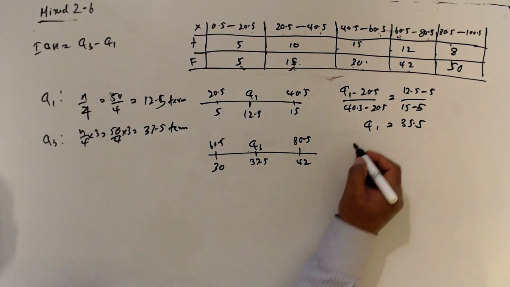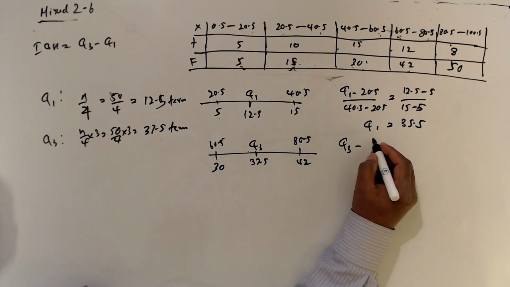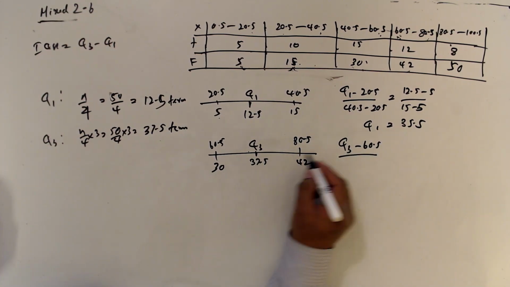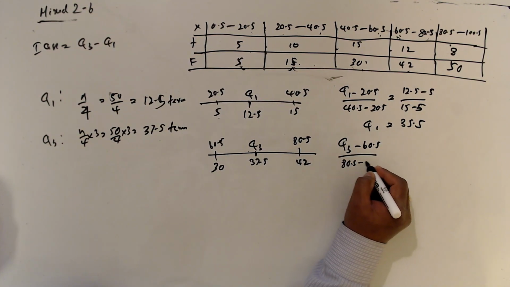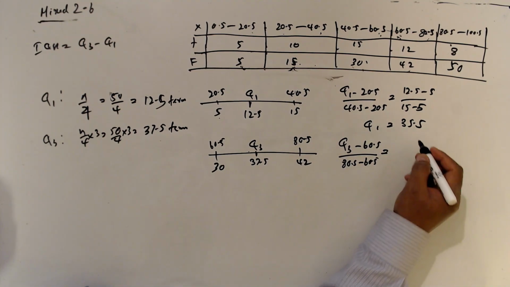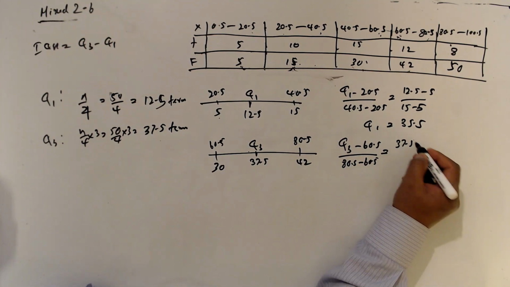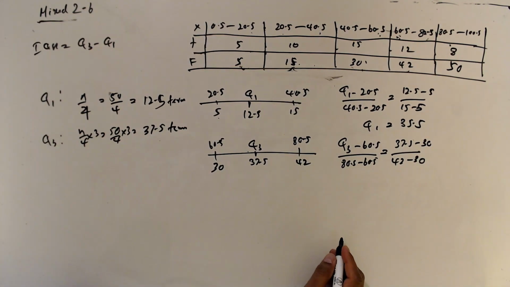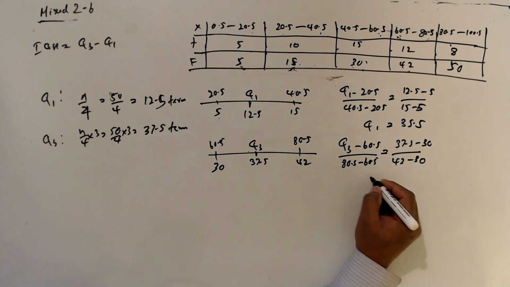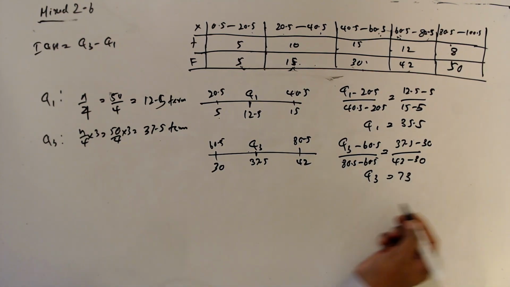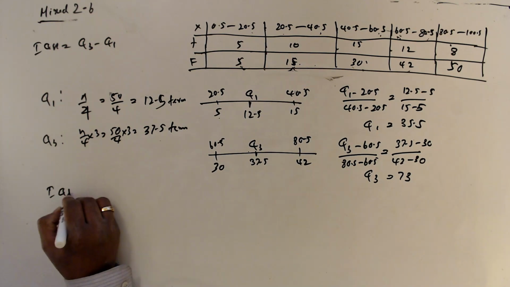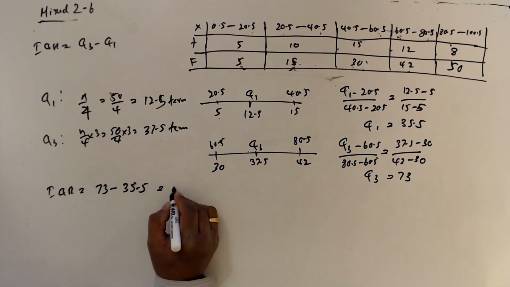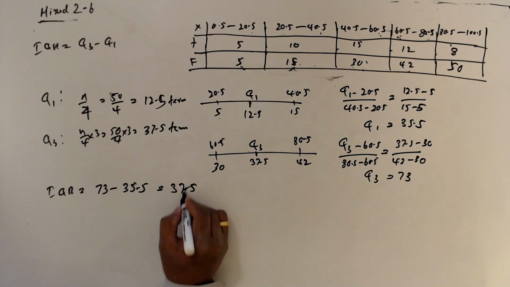So Q3 minus 60.5 over 80.5 minus 60.5 equal 45 minus 30 over 42 minus 30. So Q3 you will get 73. So IQR is 73 minus 35.5, which is 37.5.